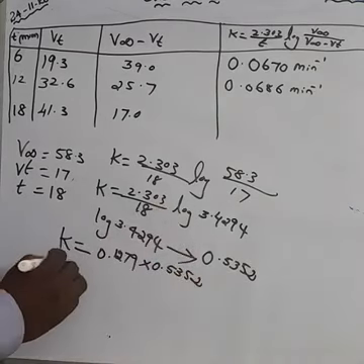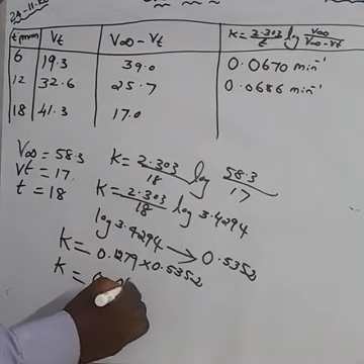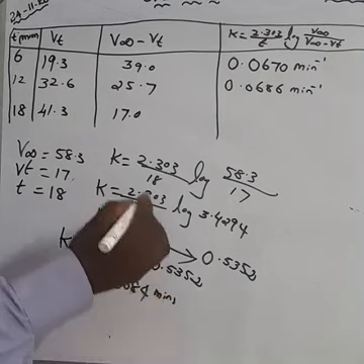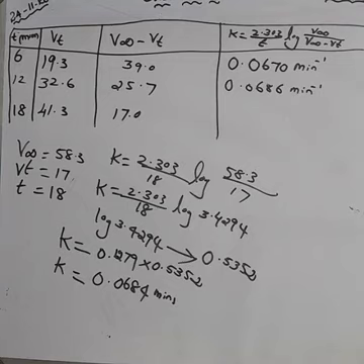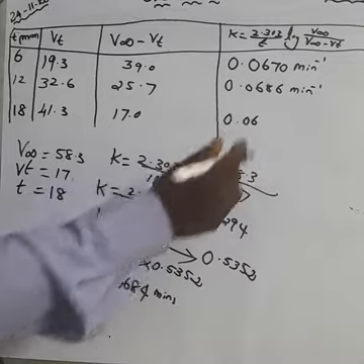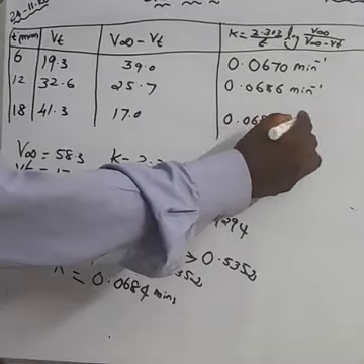0.5352. What about the K value? K value is equal to 0.0684 minutes inverse. Okay. So we shall write this value, 0.0684 minutes inverse.